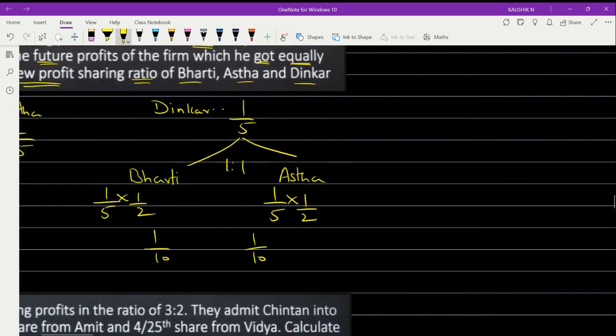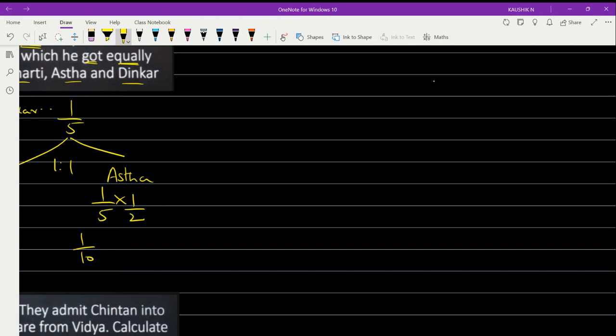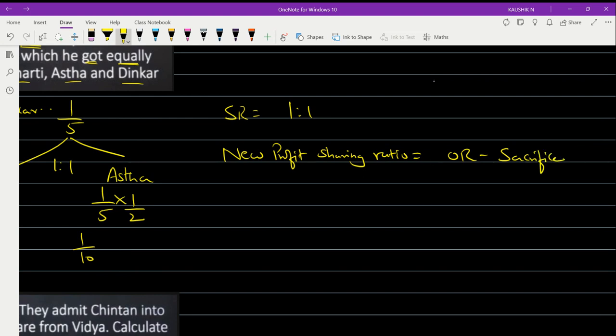Now, moving on to the calculation further. The sacrificing ratio is 1 is to 1. The sacrificing ratio is equal, so 1 is to 1. Now you go for the new profit sharing ratio. So new profit sharing ratio is equal to old ratio minus sacrifice. So first for Bharati. Bharati's old share was 3 by 5 minus 1 by 10.